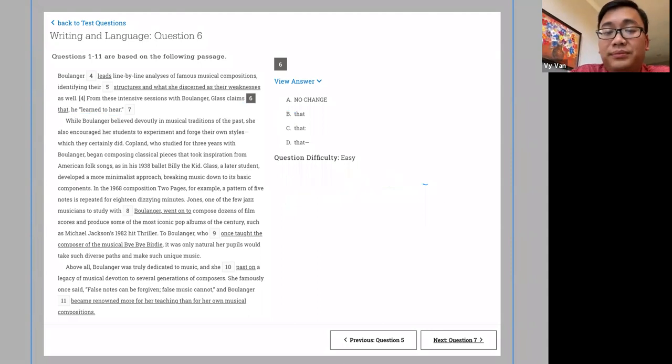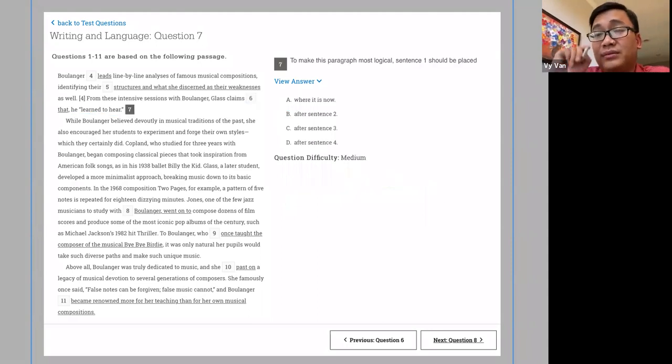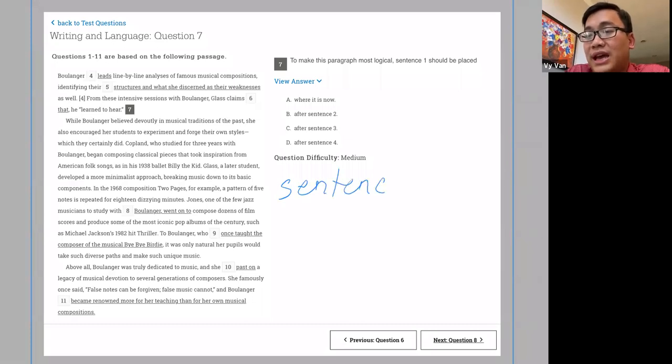Okay, let's move on. Number 7. This is a sentence placement type question. This is the hardest type on the test. Most of my students miss this because you actually have to read the entire paragraph and see where the sentence belongs. Let's see the flow.